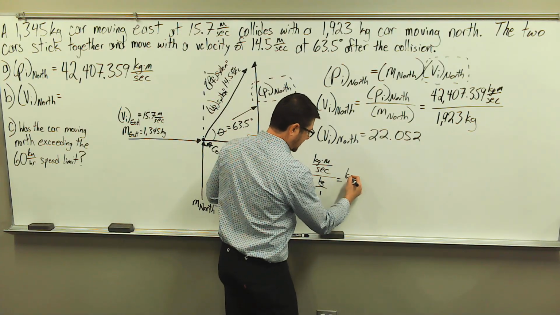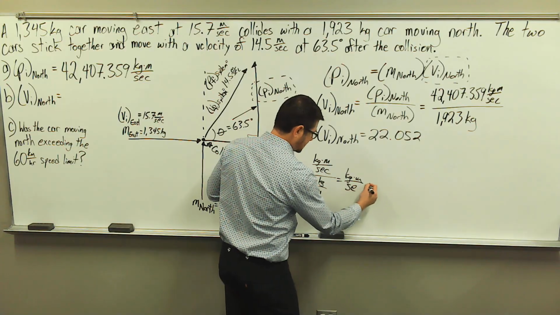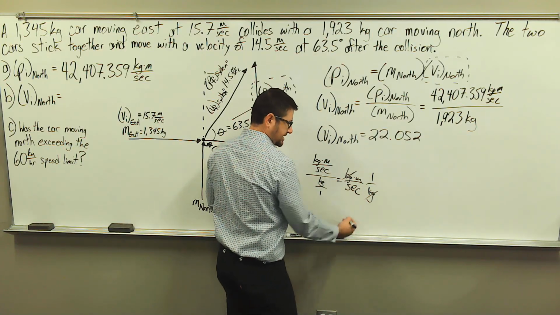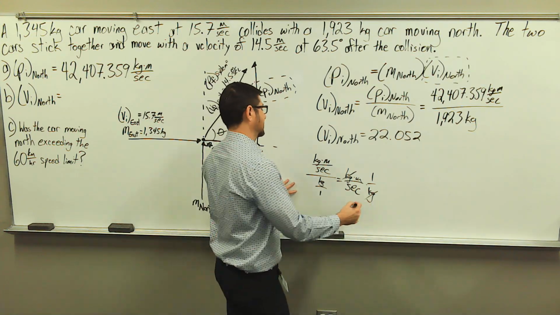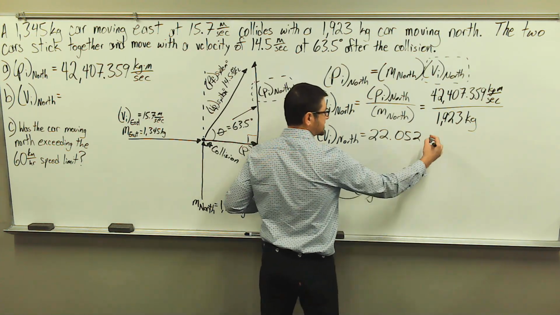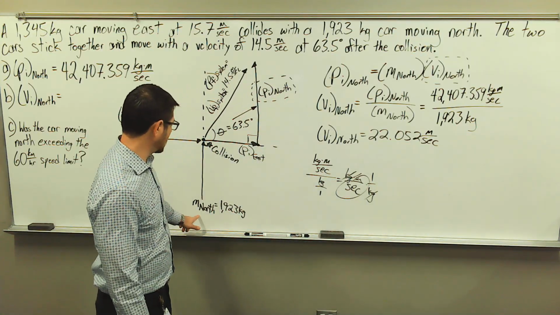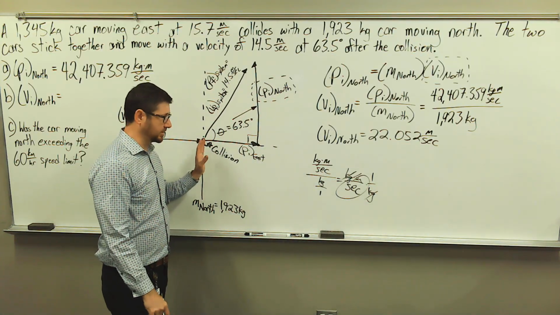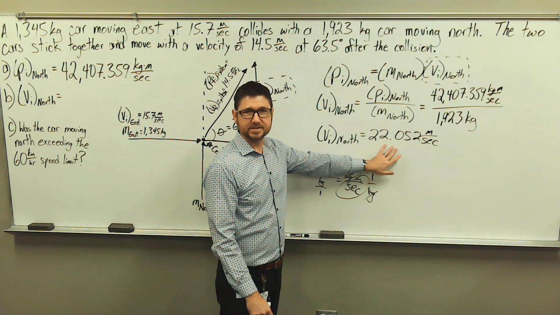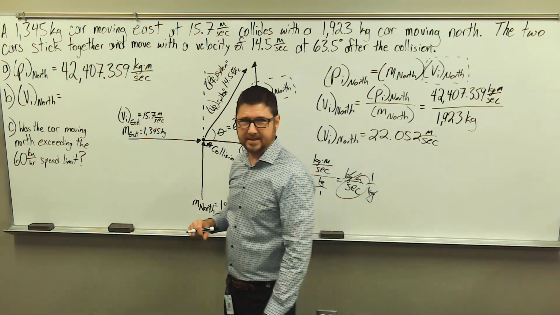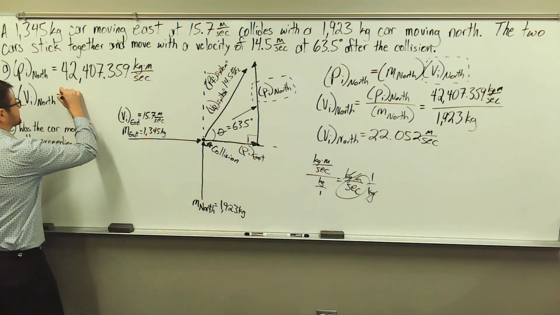So this will give me kilogram meters per second times 1 over kilogram. You can see that units of kilograms will cancel, leaving us with units of meters per second. So the initial velocity of the car, right before the collision, is 22.052 meters per second. Let's write that down over here for our answer.